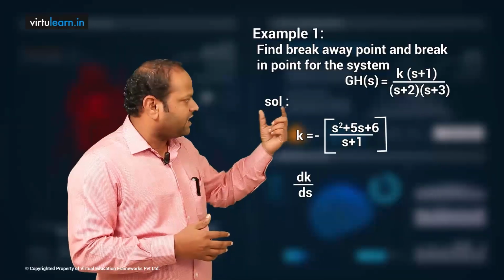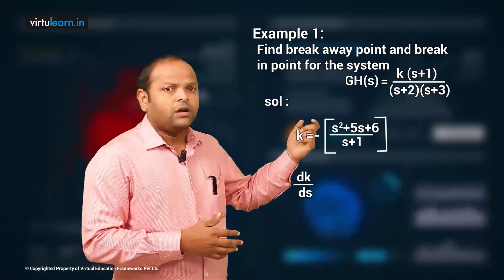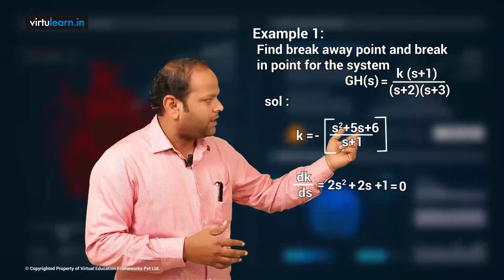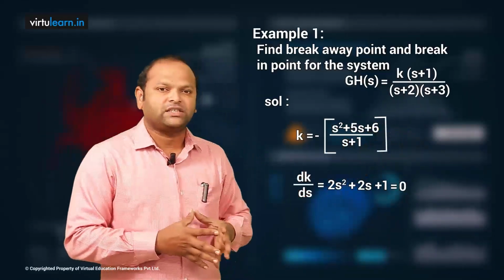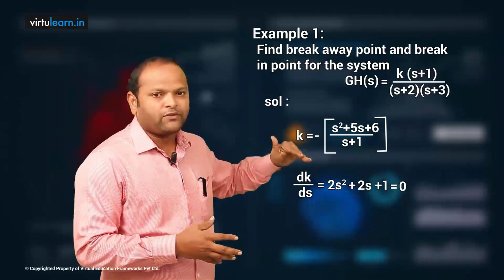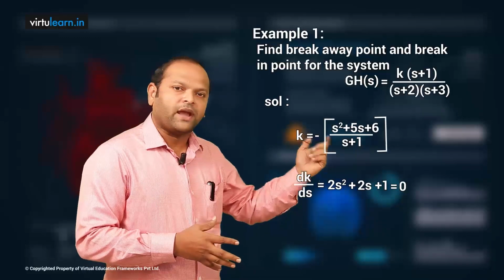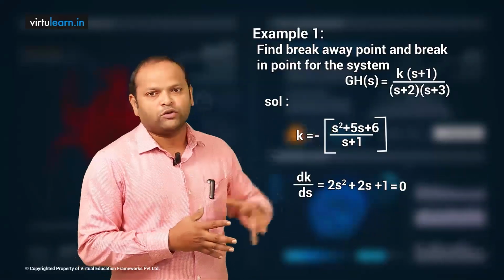It results in dK by dS equal to, now we have 2S square plus 7S plus 5, again we will have minus S square minus 5S minus 6 equal to 0, and if you simplify further, you will get 2S square plus 2S minus 1 equal to 0. This is dK by dS equal to 0.